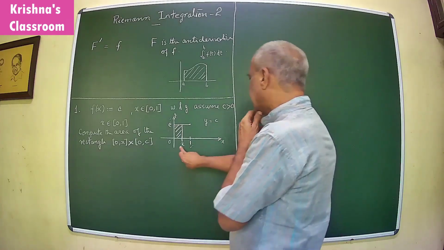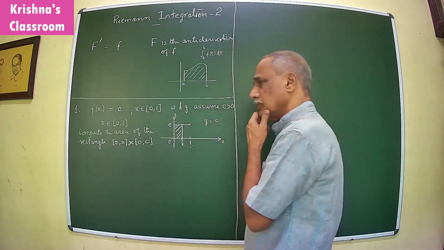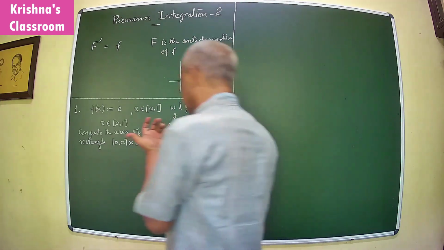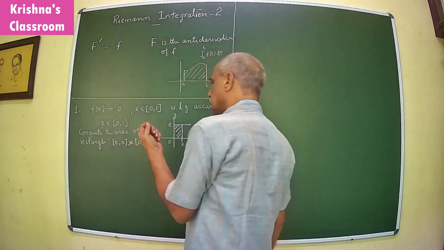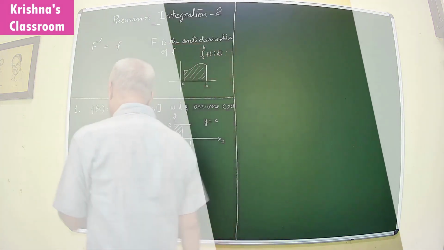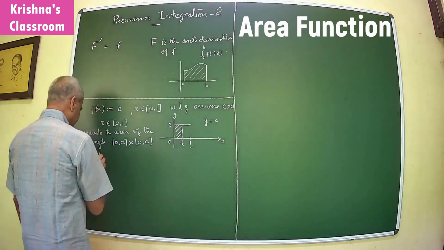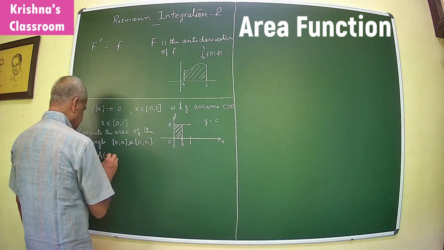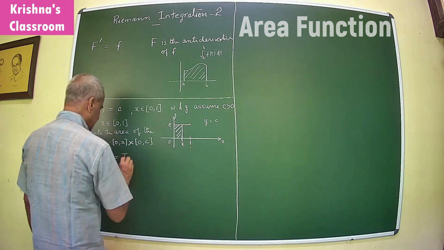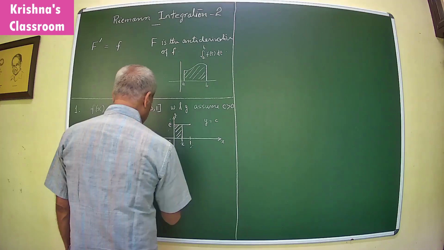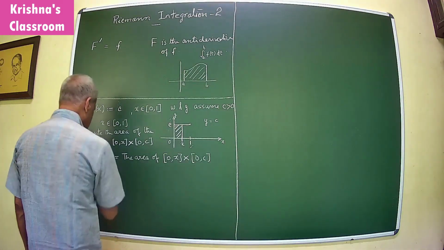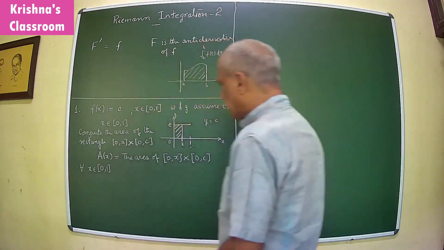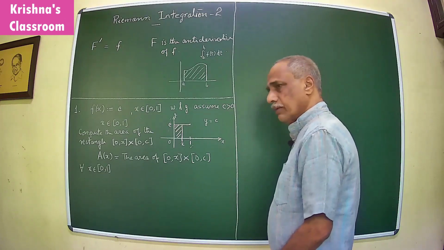For each x, this will give you a particular number which depends on x, obviously. Therefore, it defines a function. Let me call this the area function. So let me define A(x) to be equal to the area of [0,x] cross [0,c] for every x in [0,1]. So that defines a new function on the interval [0,1].